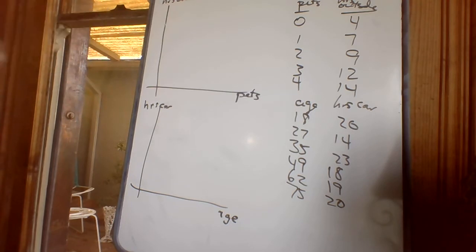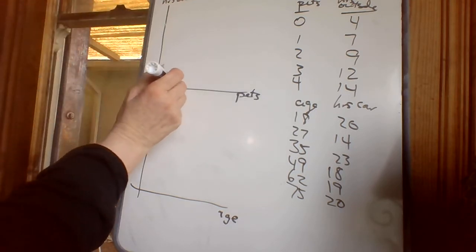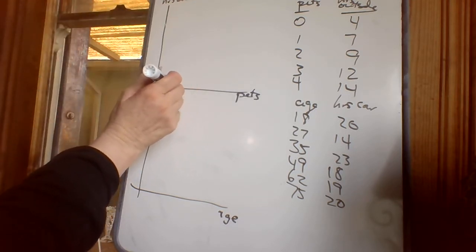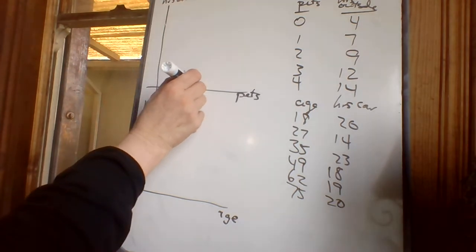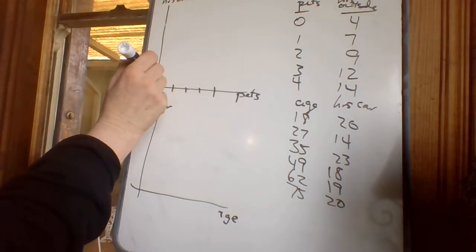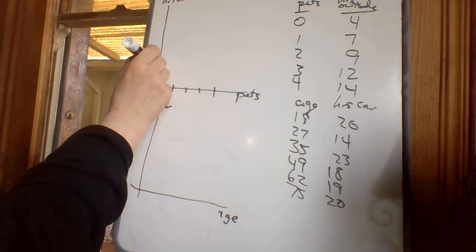The first person, I asked, how many pets do you have? They said 0. How many hours do you spend outside per week? 4. The second person said 1 pet and 7 hours outside. These people are going to get a dot, not bars. I need to go all the way up to 14 here.